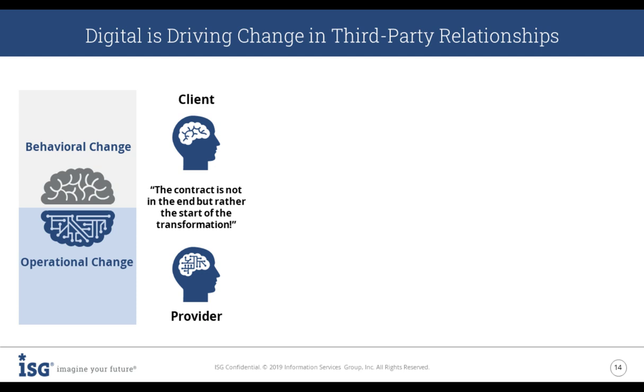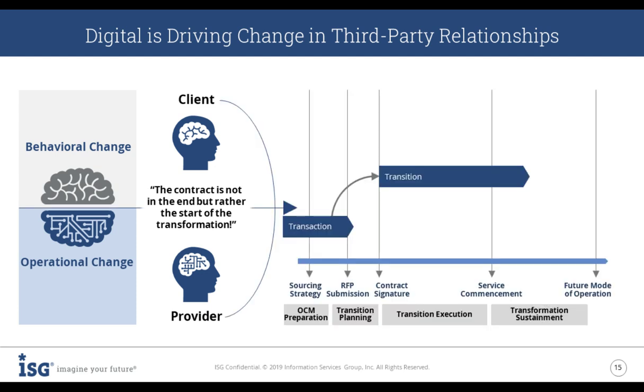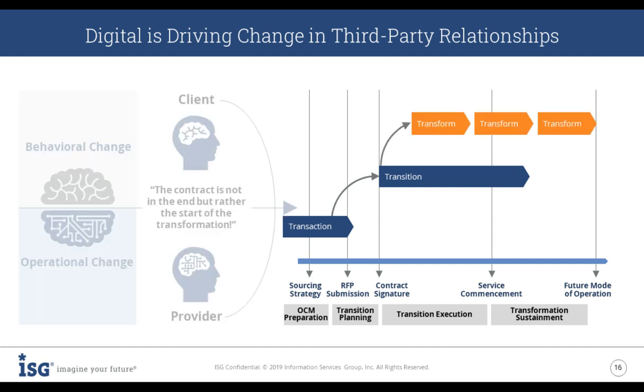So basically it boils down to a lot of behavioral and operational change to realize value in a Generation 3 relationship. And one of the biggest changes is the realization that the contract is a living document, not something to be put into a drawer. At the end of the day, it's really a set of guardrails that will guide how things like transition execution will occur, but it also accommodates for the fact that there will be a series of transformations throughout the term of the contract.